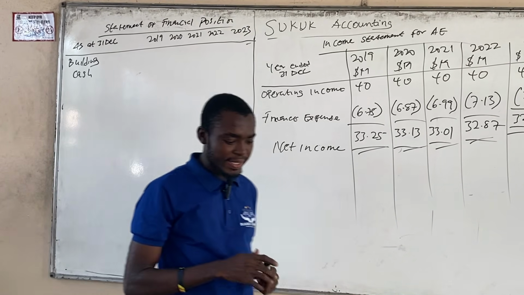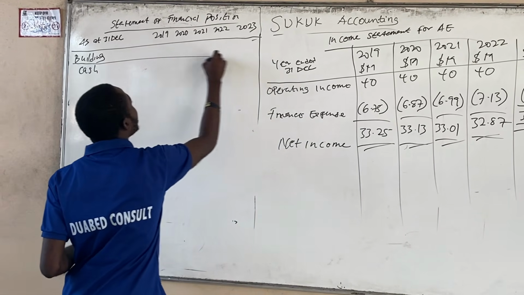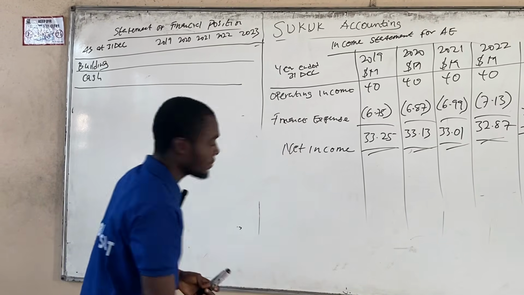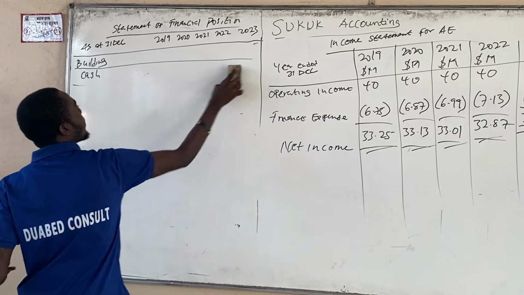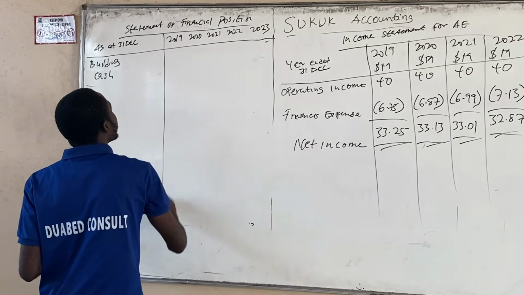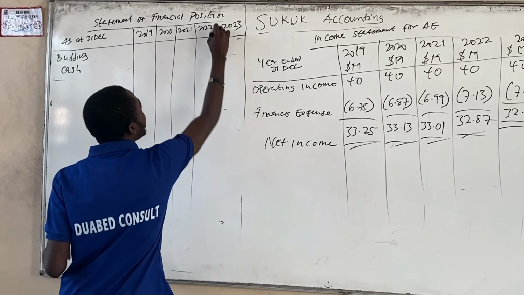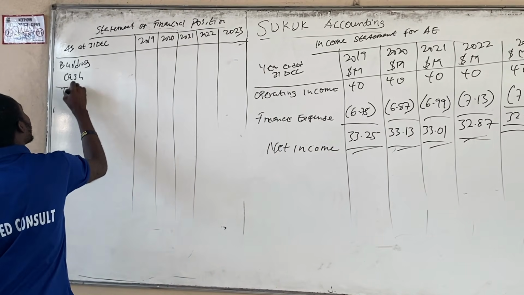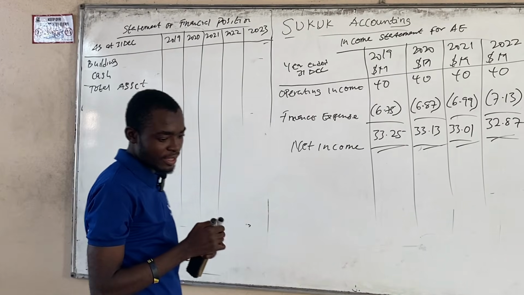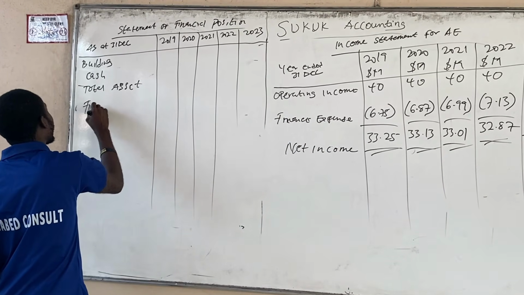So these are the only assets that the organization has. So the summation of the building and then the cash will give us their total assets. The column for total assets. After that, we proceed to the financed by aspect.